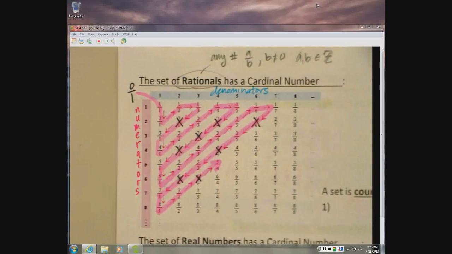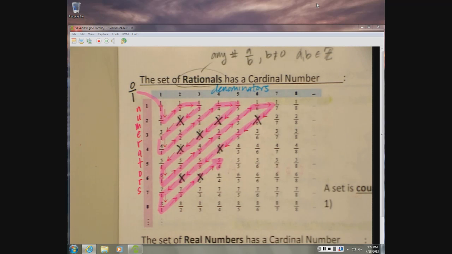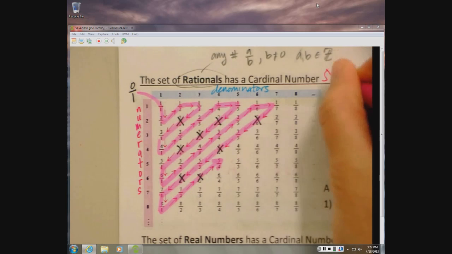But I have a way of listing all of them, and I have a way of going through and systematically making sure that I have counted and accounted for every single different kind of fraction that we can think of, where the denominator is not equal to 0. Because we have this systematic process, we can say that it has the cardinal number aleph-null.